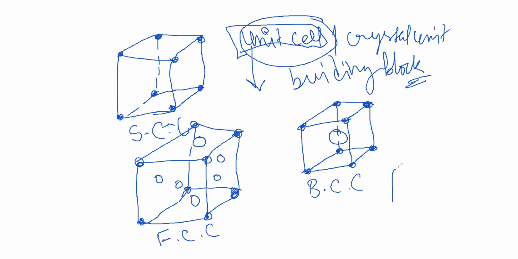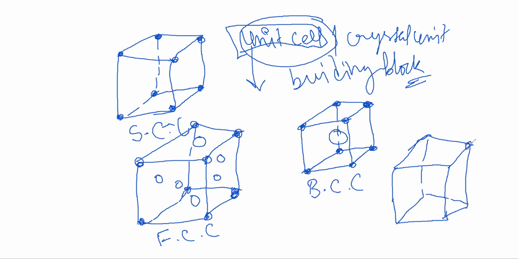And the last one is the end centered, which is found in some crystal systems only. If we look at this, the arrangement of the molecules will be at the corners.